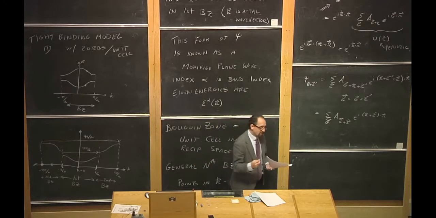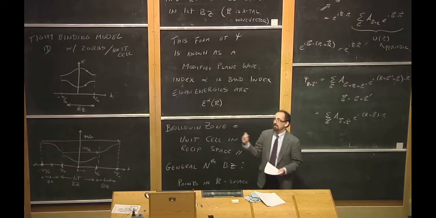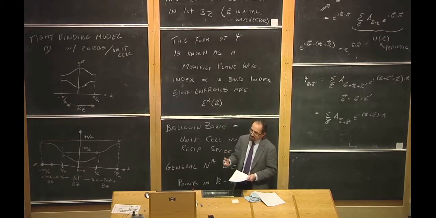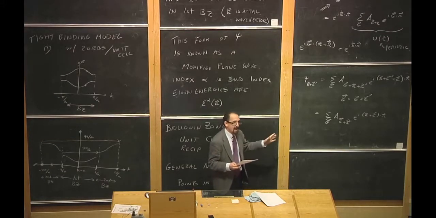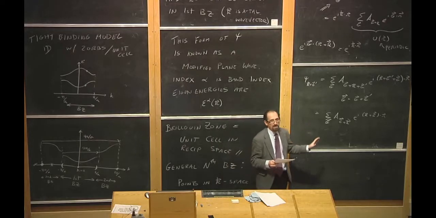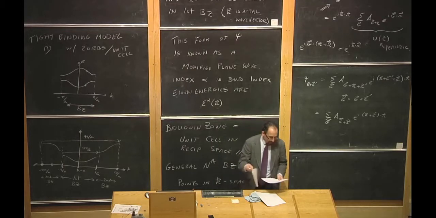Is it special that when you shift k by a reciprocal lattice vector, you get back exactly the same wave function? Is that special to the tight binding model? It's not. It's a property of the Schrodinger equation and the periodic potential. Okay? All right.